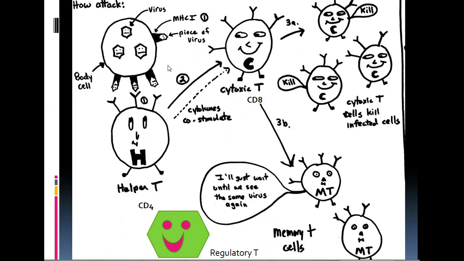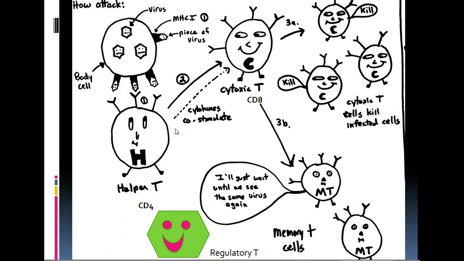So that's part one. What's then going to happen is the body has to find the correctly fitting helper T and the correctly fitting cytotoxic T cell in order to induce this part of the immune system to function. Now what do I mean by the correct one? It has to be the one with the correctly fitting T cell receptor. Remember, there are thousands of helper T cells, like one of each, that each have different T cell receptor shapes.